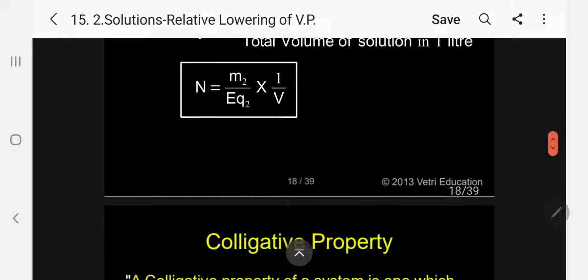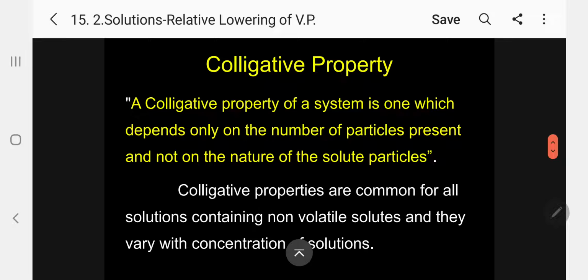Kindly refer. So let me come now to the first one, that is the relative lowering of vapor pressure of dilute solution. Here I am introducing a property called colligative property. In olden days when we were studying, the same chapter was indicated as colligative property. Now they are giving it as solution.